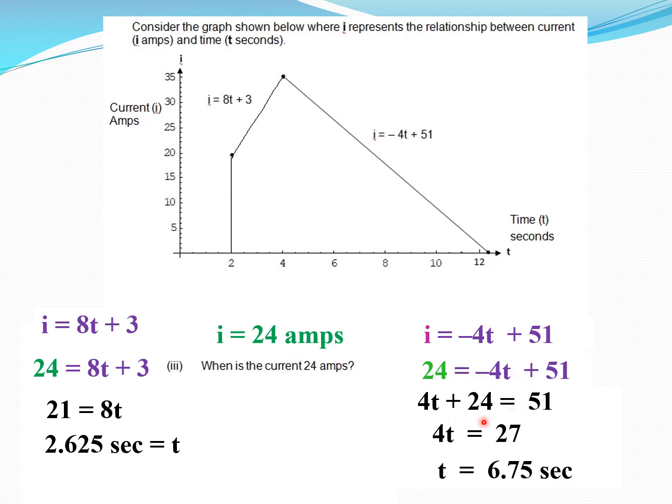So 4t plus 24 equals 51. 4t equals 51. Take away 24. Take 24 away from both sides. 4t equals 27. Divide by 4. Or alternatively in school, when you were solving that there, you might have said take the minus 4t over to this side and it becomes plus 4t, and that's fine as well.